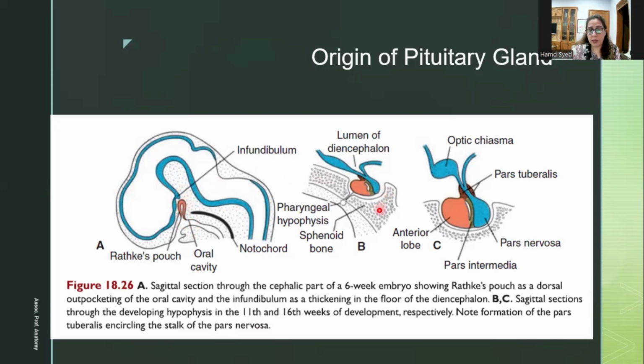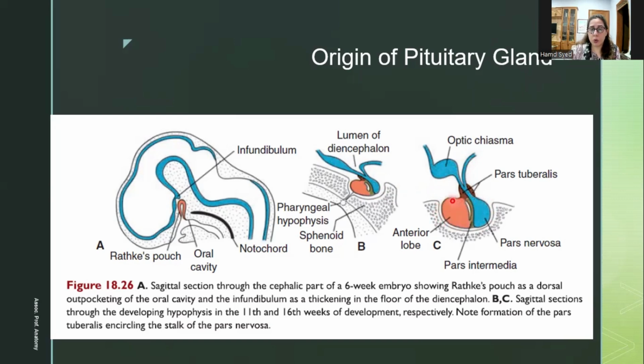Now in the next diagram, you can see that these two tissues of origin have merged and formed this gland which is known as the pituitary gland or the hypophysis. And then there are subdivisions of the different parts of the hypophysis in the further weeks of development. As you can see in diagram C, which is the 16th week of development, the posterior pituitary, that is the pars nervosa, and the adjoining parts of the infundibulum are derived from the diencephalon, that is, they are neuroectodermal in origin.